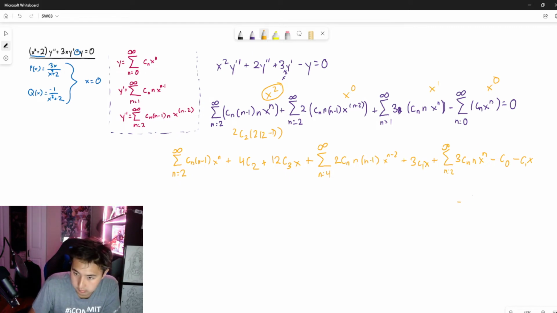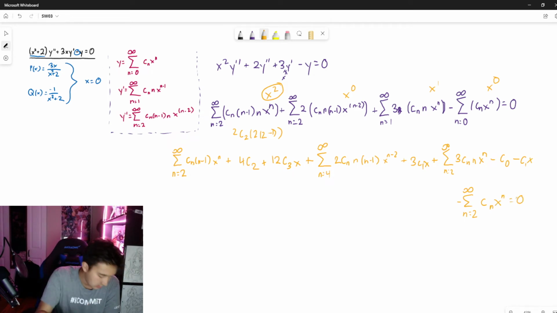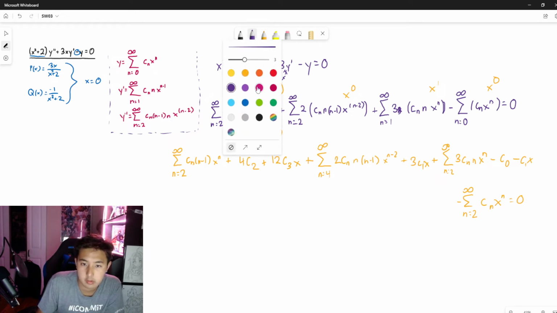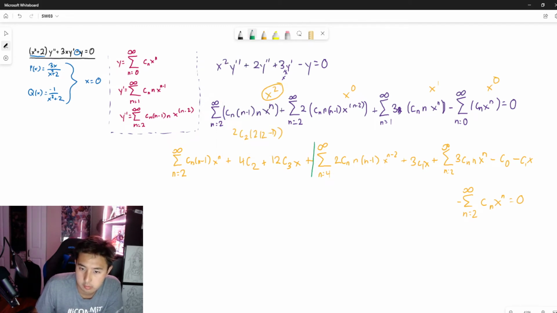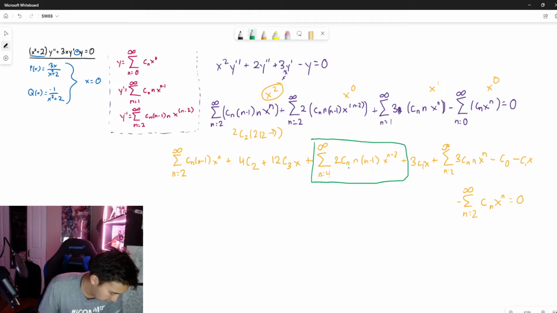And then we can end off with this last term. It'll be minus power series n equals 2 to infinity Cn x to the n. And then we want to look at this term in particular because this term right here can be rewritten a certain way.